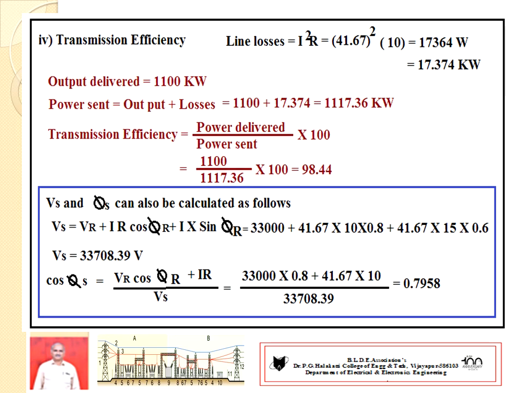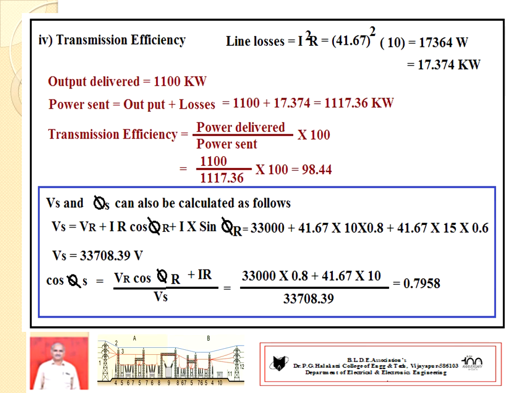Only one careful point, losses should be in kilowatt, then output delivered should also be in kilowatt. Both units must be the same. Then transmission efficiency equals power delivered divided by power sent into 100. Then we are going to get 98.44.